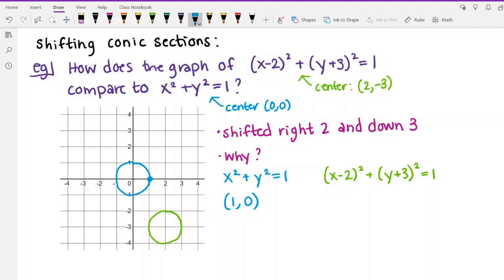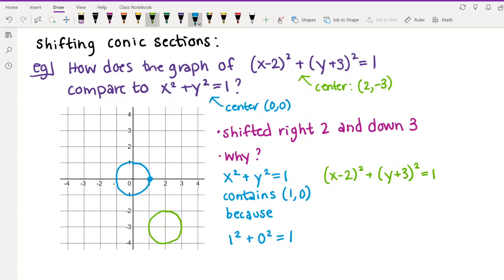So what would be a corresponding point that would lie on the graph of this green one? Well, let's think about what you would need to put here in order to make it equal to 1. Let me write this out in a little more detail. I'm going to say this contains the point 1, 0 because 1 squared plus 0 squared is equal to 1.